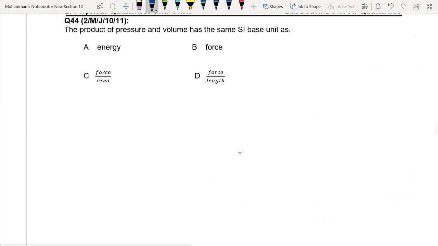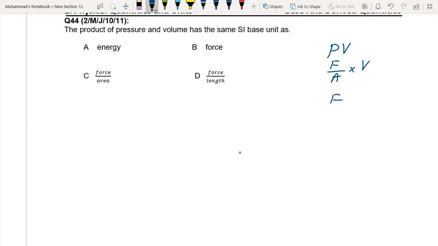The product of pressure and volume has the same base unit as, you know that pressure times volume is, if you simplify this, pressure is force over area, and V is volume. Volume is in meter cube and area is in meter square.